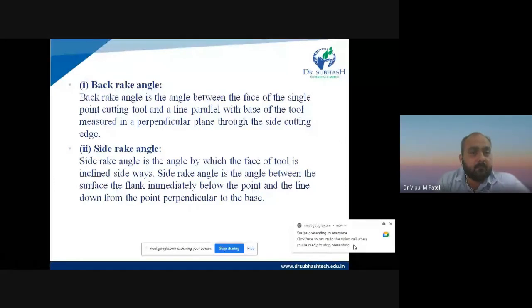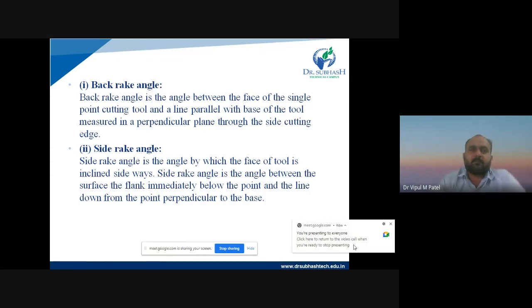So you can see the back rake angle. Back rake angle is the angle between the face of the single point cutting tool and a line parallel with the base of the single point cutting tool, measured in a perpendicular plane through the side cutting edge.